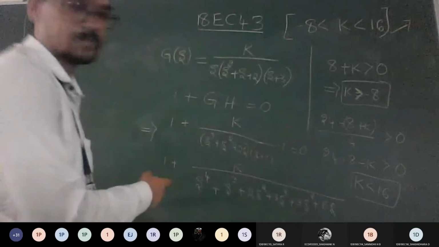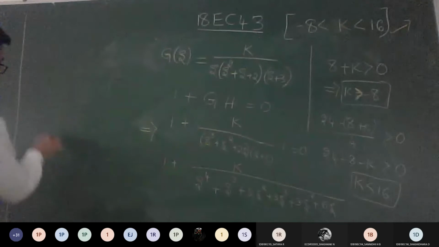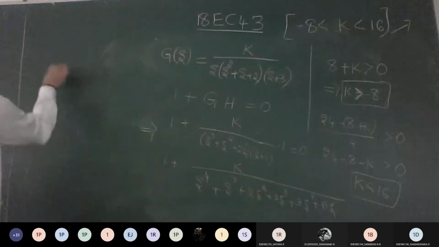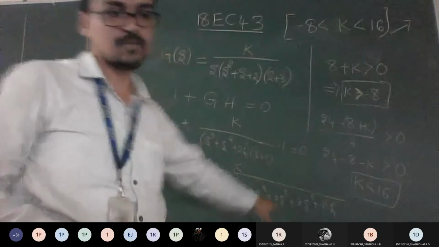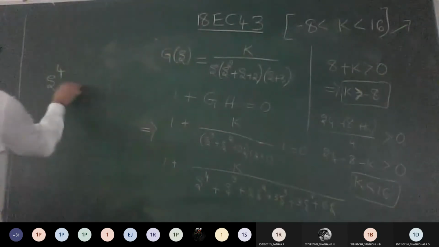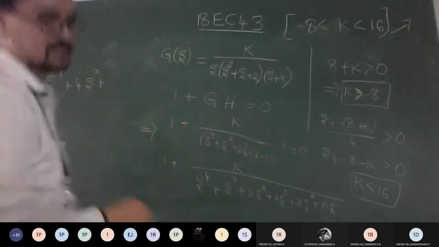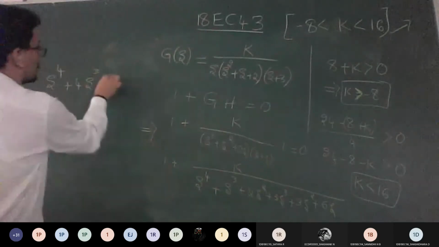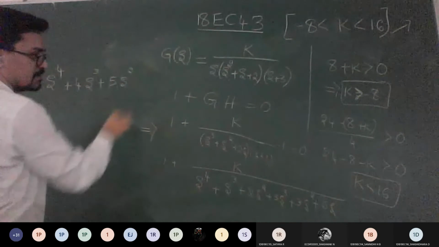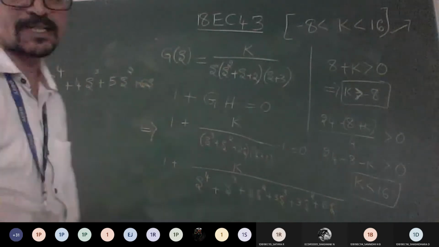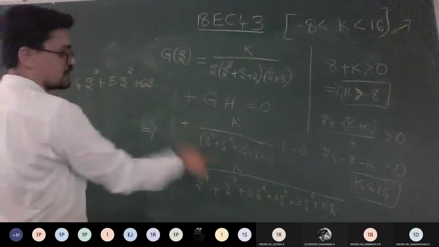Is it correct what I wrote? So from this, what simplified expression are you going to get? S power 4 is maximum, right? S cube plus 3s cube is going to be plus 4s cube, plus 5s square, then plus 6s, equal to this answer I'm getting.